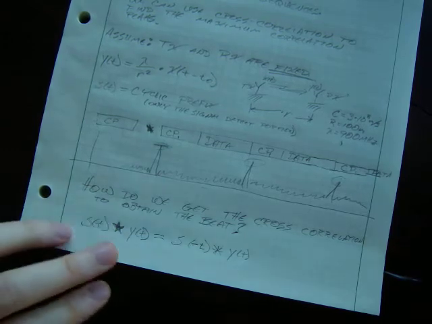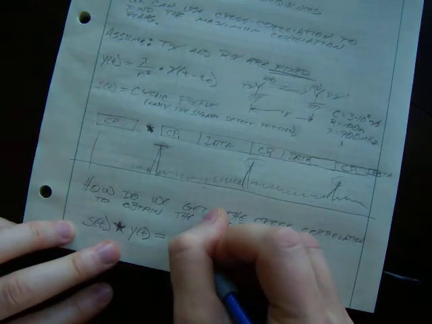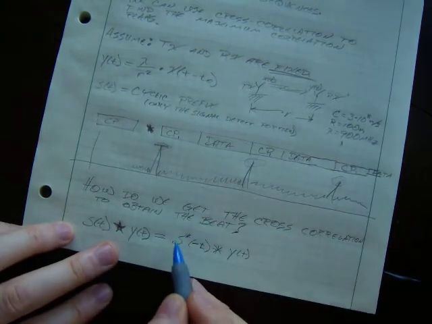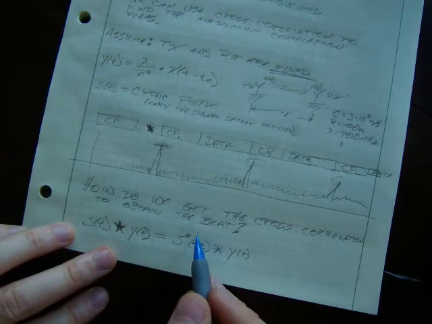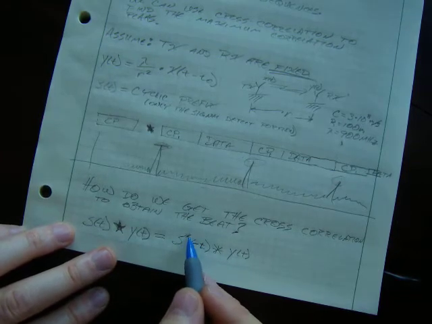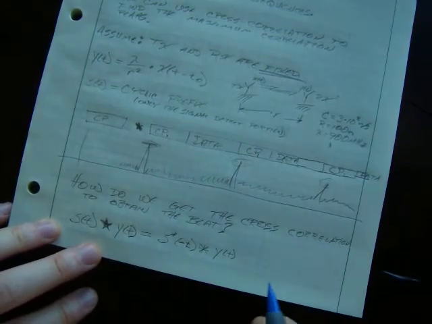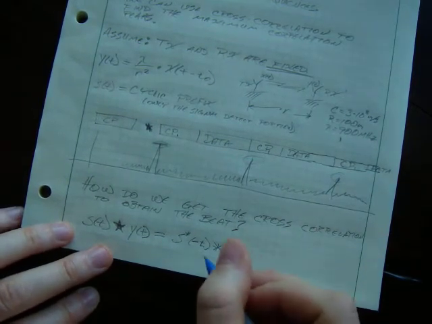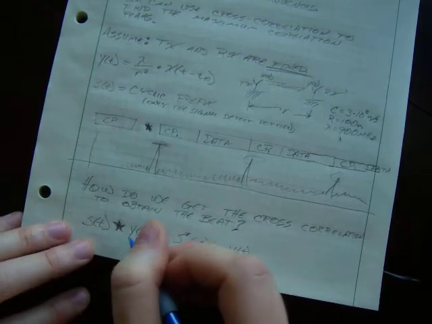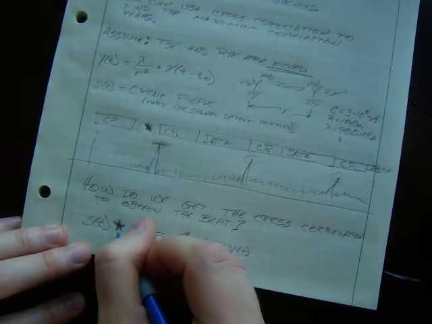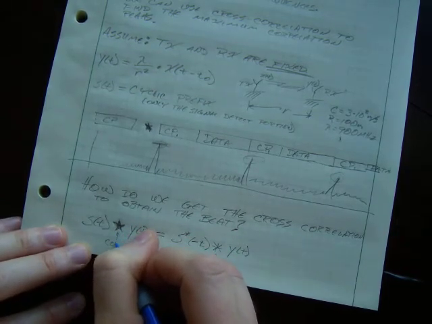So now I'm going to put another symbol here. I'm going to put this star, this asterisk, on the exponent of the s, so it's s to the star. Let's start over here actually. This one is correlation.